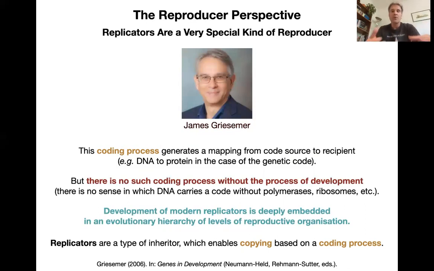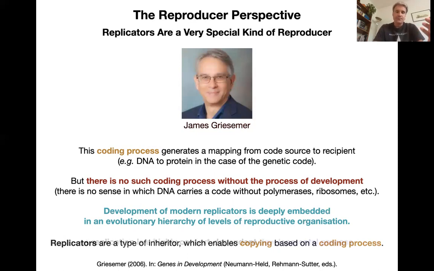So development, modern replicators, is deeply embedded in an evolutionary hierarchy of levels of reproductive organization. Without a cell, nothing replicates. Viruses need to hijack cells to replicate. They are just naked RNA and DNA, well, wrapped in some protein, but they cannot replicate without cells, and they're not alive outside the cell.